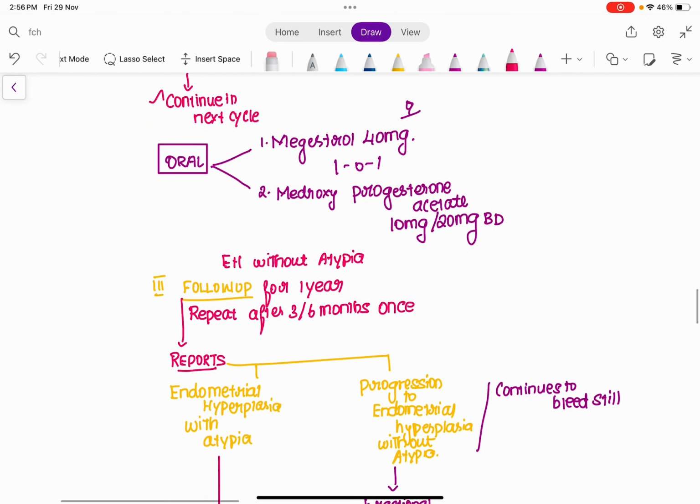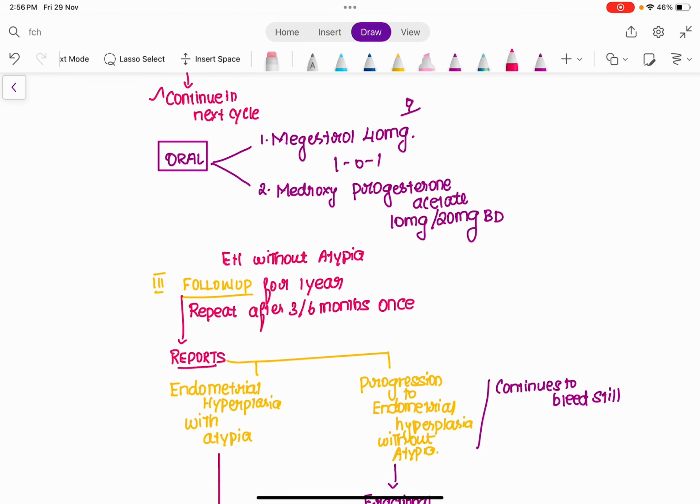Okay. So the oral options which are available to us are 2 tablets, right? One is megestrol and the other is medroxyprogesterone acetate. Both are given by oral route. Megestrol, which is a progesterone, is given in a dosage of 40 milligram twice a day, right?